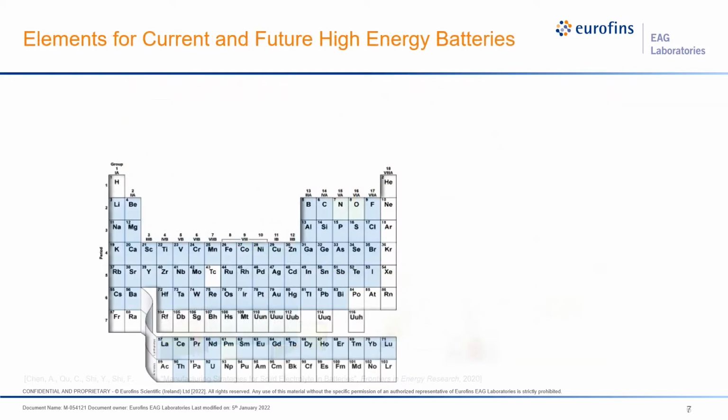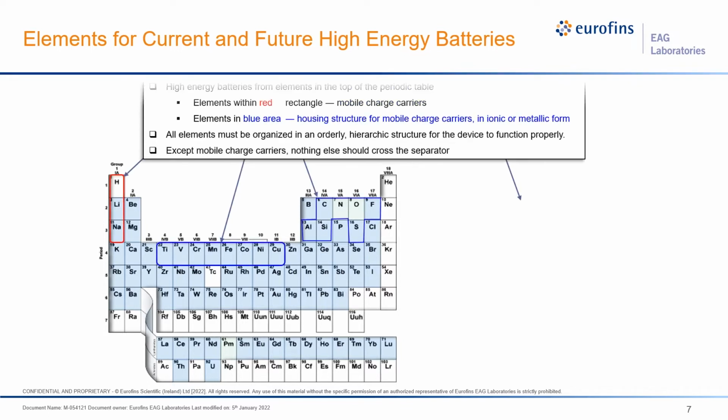So what elements are actually being used for high energy batteries currently, and where does the future lie? Obviously, those at the top of the periodic table are the ideal candidates. Those in the red are small and have high volume charge density, so they are ideal as mobile charge carriers.